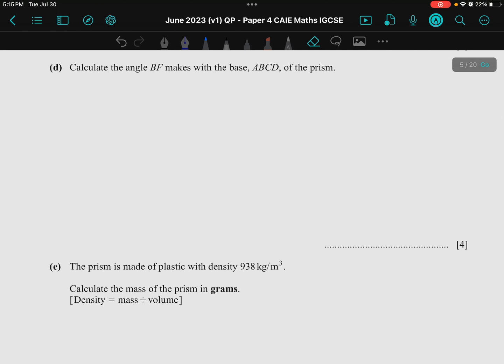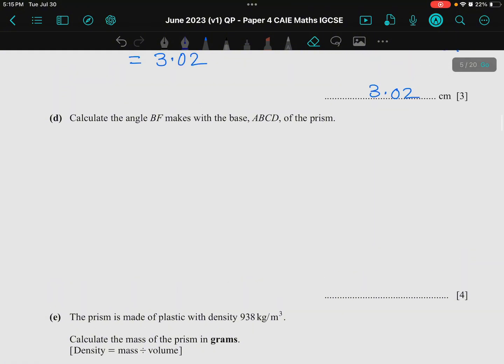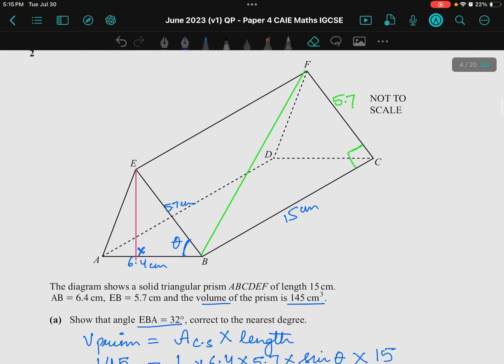Okay, now starting with part number D, calculate the angle BF makes with the base ABCD of the prism. Coming to the figure, join B to F, and as we know this is 5.7, so this is also 5.7.